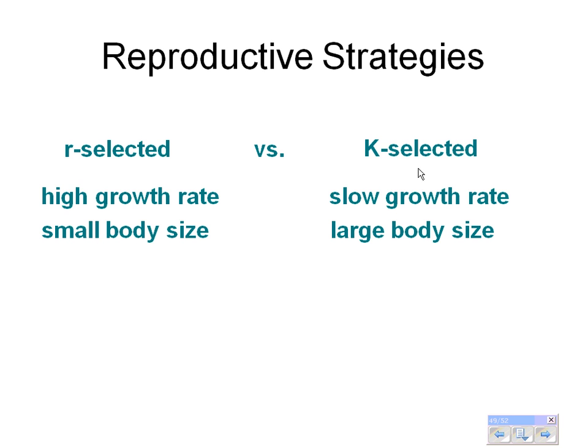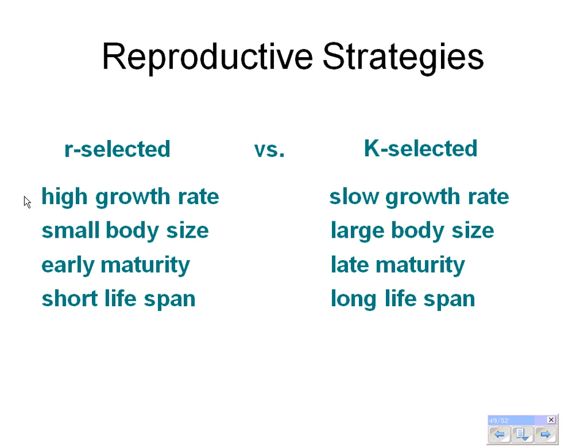R selected, they're going to mature early so that they could produce many offspring, where the K selected, late maturity compared to the R. R selected, they're going to have a short lifespan, so their role in life is to reproduce at a very young age, have many offspring, and basically die.